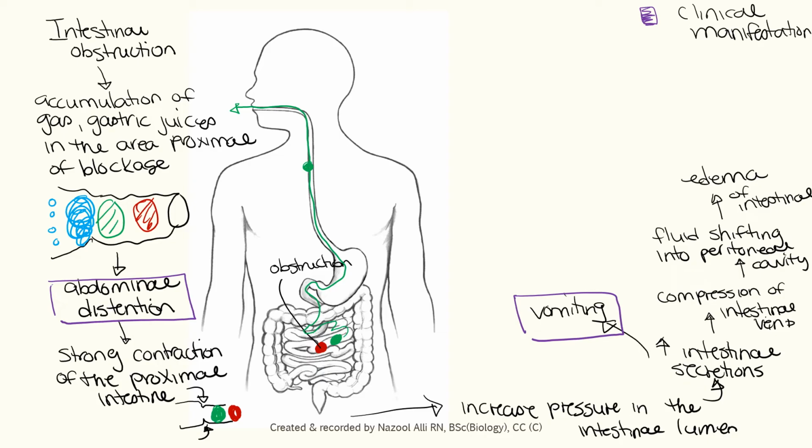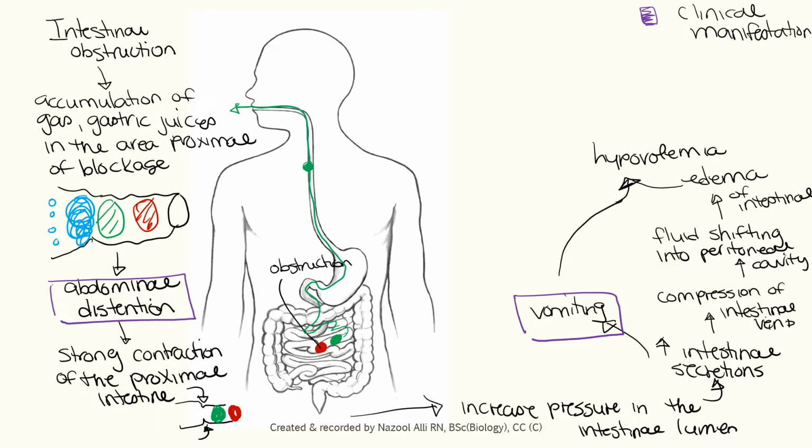So because of the persistent vomiting that we're seeing, the fluid shifting, and the edema within the intestinal wall, overall these things are resulting in hypovolemia in your patient, or loss of intravascular volume.